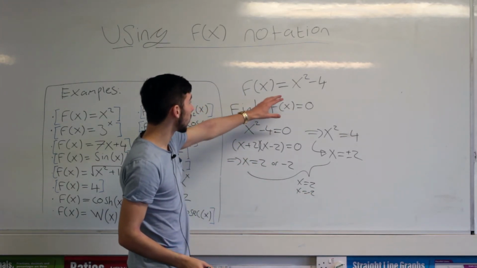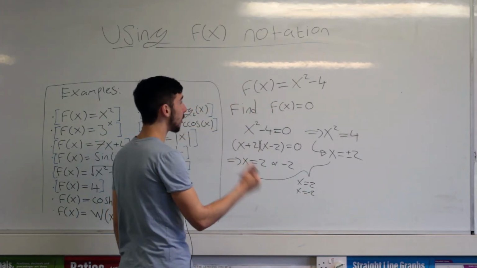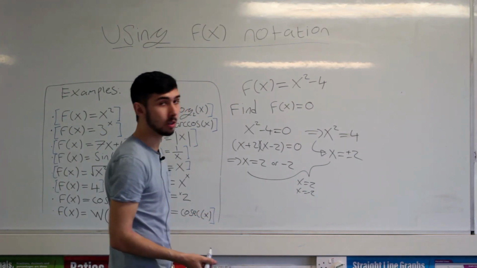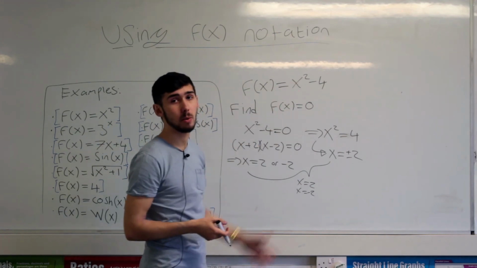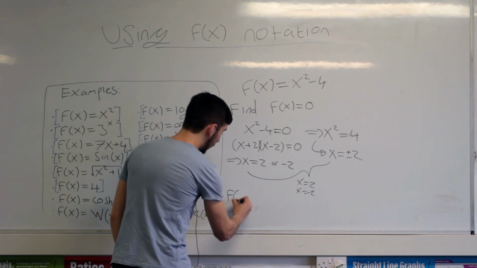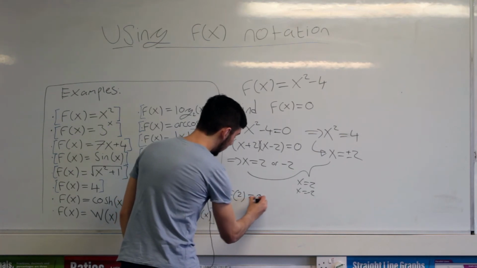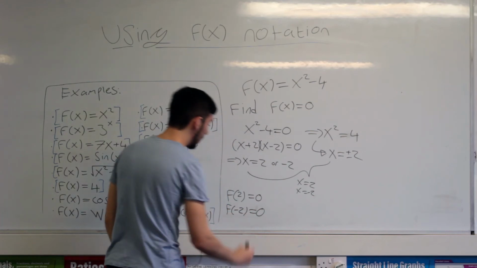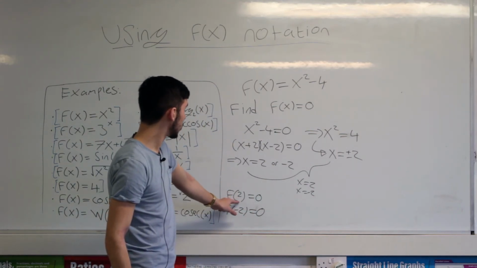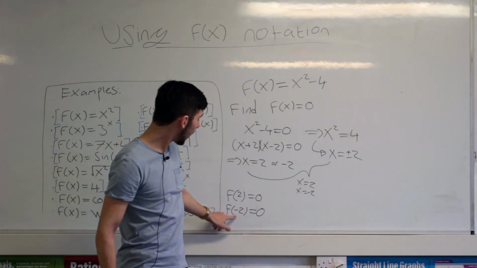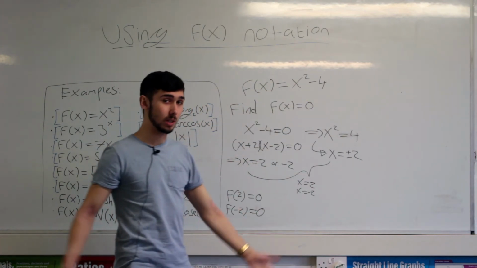Therefore, if you've got a question like this and it said, find the values of x such that f of x equals 0, when f of x is x squared minus 4, the answers would be f of 2 equals 0 and f of minus 2 equals 0. Because if you put a 2 where you see an x, this will equal 0. If you put a minus 2 where you see an x, it will equal 0.